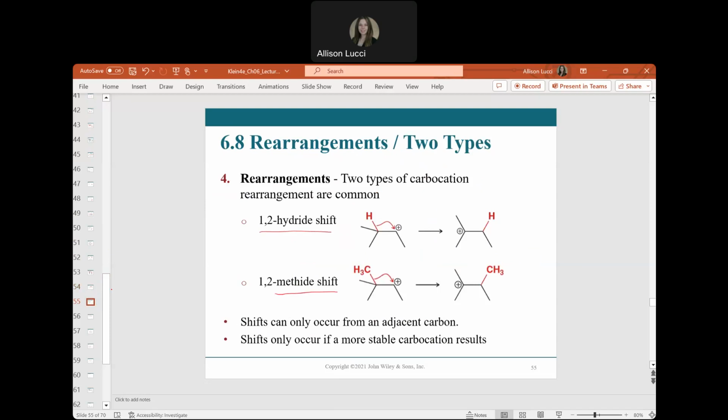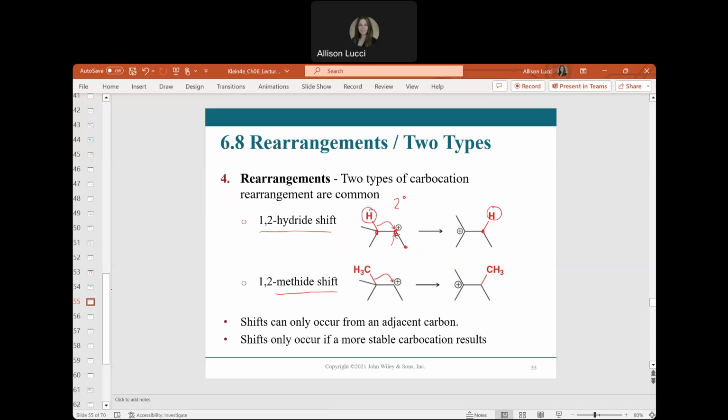What we see in these two examples is a secondary carbocation, right? The carbon that has the positive charge here is bonded to two other carbons, so we would call this a secondary carbocation. What happens is this hydrogen in red here can actually move and bond to the original carbocation site.